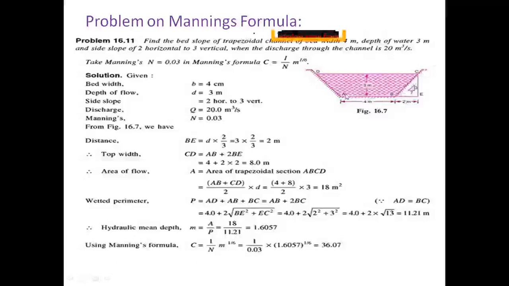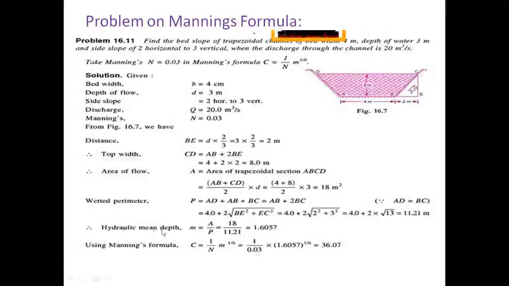So AB value 4 plus 2 into root of, by Pythagoras theorem, BE square plus EC square. BE is 2, whole square, plus EC is 3, whole square. So the equation is 4 plus 2 into root of 2 square plus 3 square. Finally, the wetted perimeter of the trapezoidal channel is 11.21 meters.